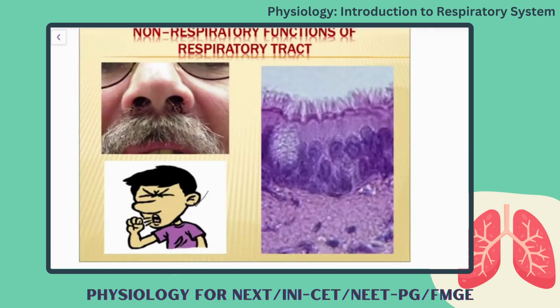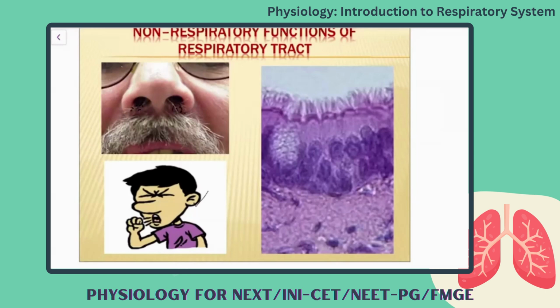For example, if there is any entry of foreign particles through the nose or mouth, the ciliary response will make the sneeze and cough reflex work, and it will expel the dust particles at the level of the upper respiratory tract itself. If the cilia is not functioning in Kartagener syndrome, the foreign body will enter the lower respiratory tract and cause its deviations.